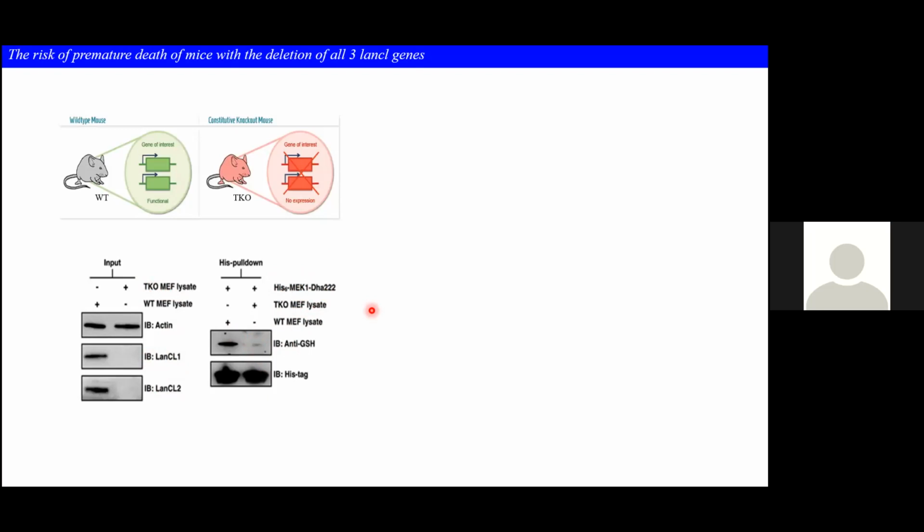Unfortunately, we didn't find any differences or phenotypes between these two mice. We also took brain and heart samples to test for any differences in protein expression. Unfortunately, we didn't detect any of these differences.